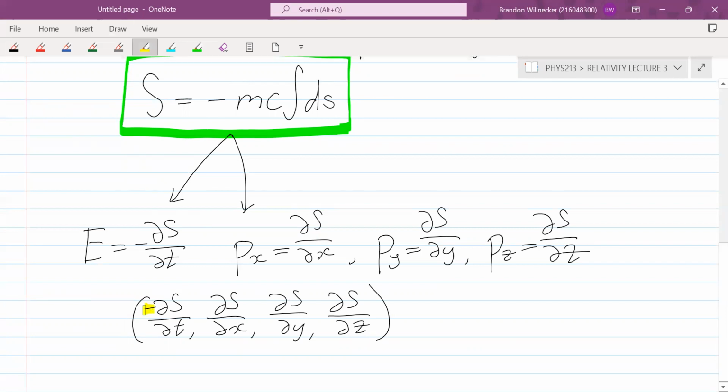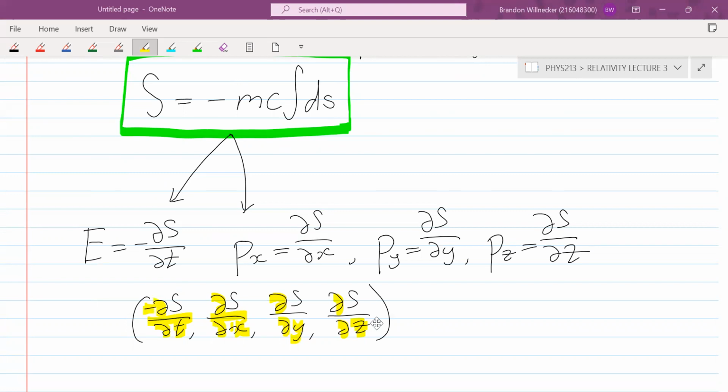If I just highlight that here, we've got minus d by dt, d by dx, d by dy, and d by dz. Like the gradient that you would see in Math 212, remember the del is d by dx, d by dy, d by dz. In special relativity, we've got this extra term here, d by dt.